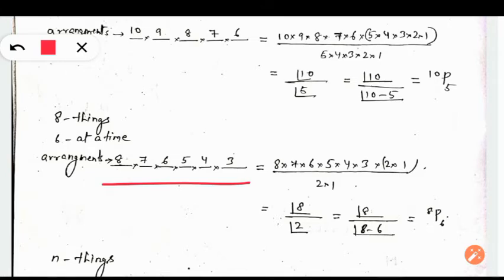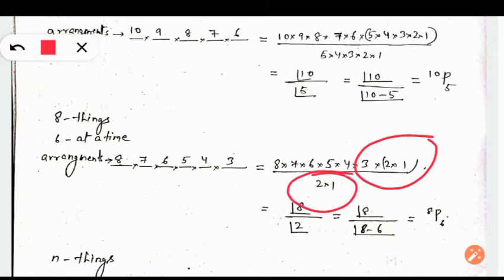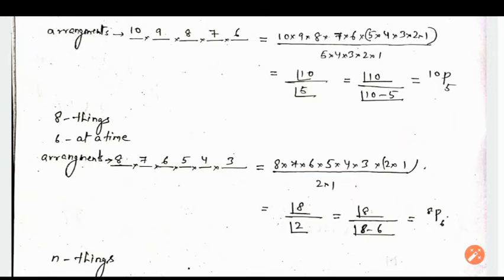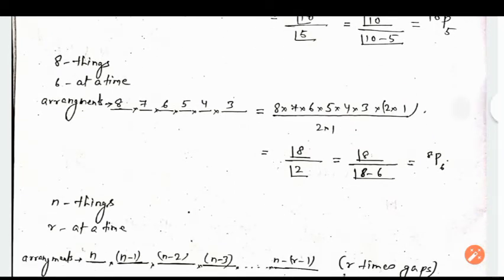So can I write this like this? Which extra factor have I added here? I think 2 into 1, so I have balanced it in the denominator with 2 into 1. Now from 8 to 1, 8 into 7 into 6 into 5 into 4 into 3 into 2 into 1 gives you 8 factorial, and 2 into 1 means 2 factorial.